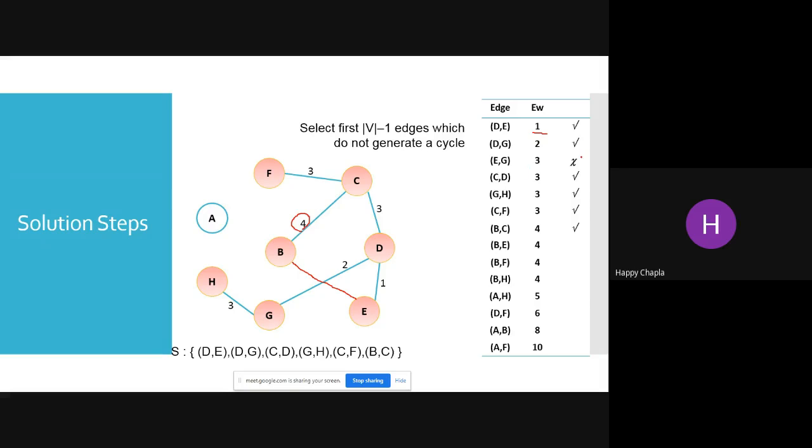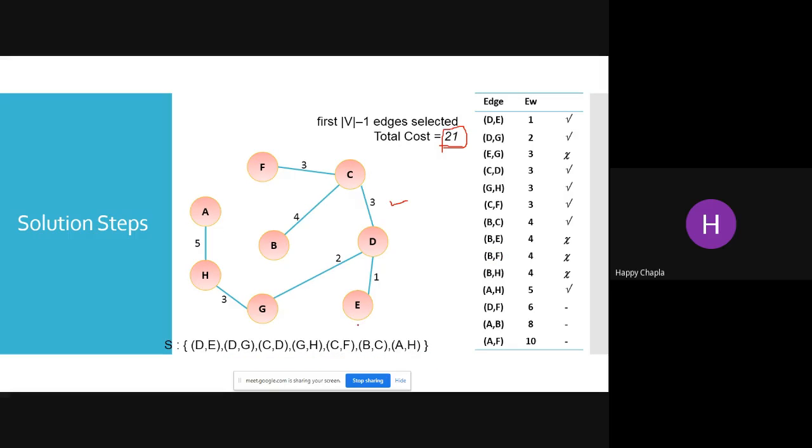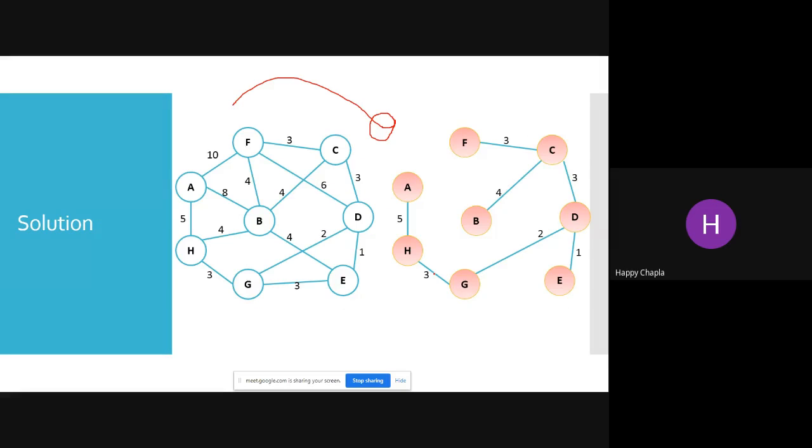And if you cannot take this 3, then make a cross and do not write that edge over here. So you need to work something like this, and don't forget to write this. If you forget to write this, it will not be a proper answer. And at last, you need to define the total cost as well as the particular minimum spanning tree.